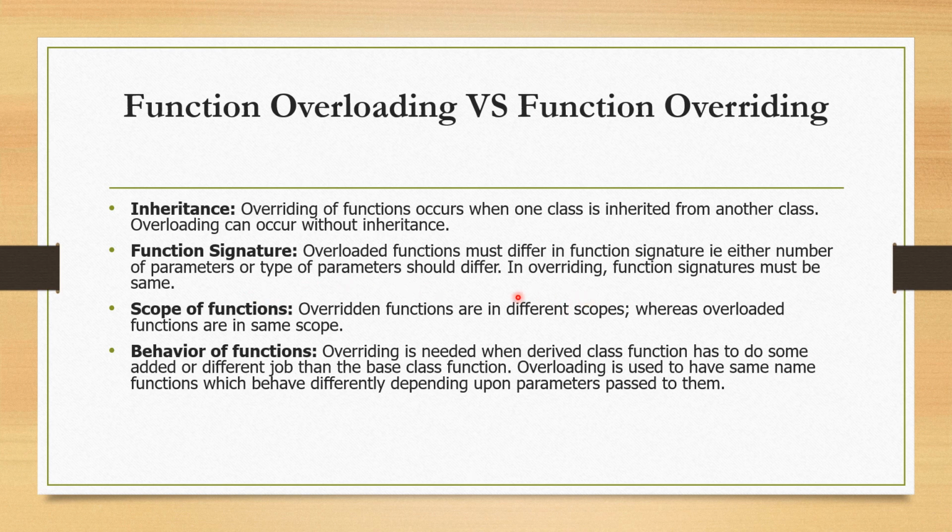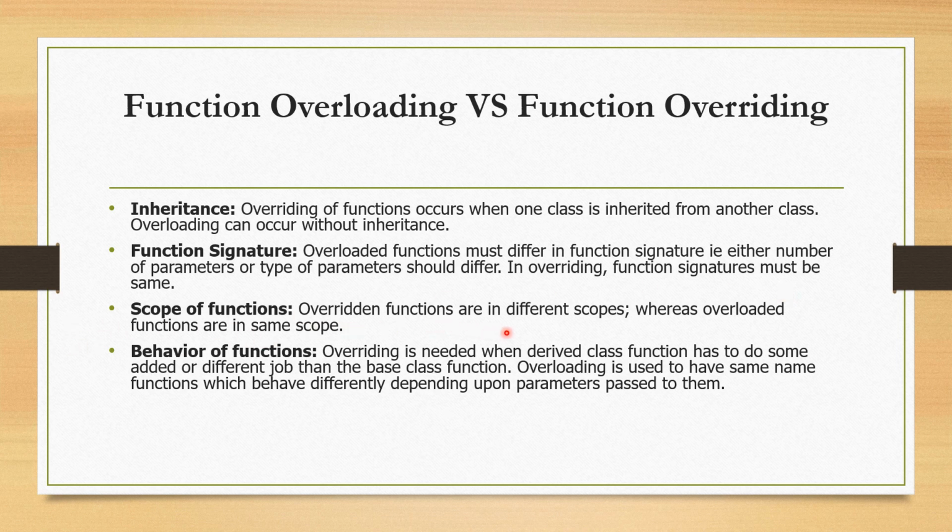But in the case of overriding, the function signatures must be the same, as we have done in this program. The return type and the parameters, if we are using any, should match. The signature should be the same as we have used in the base class; the same we have to use in the derived class.